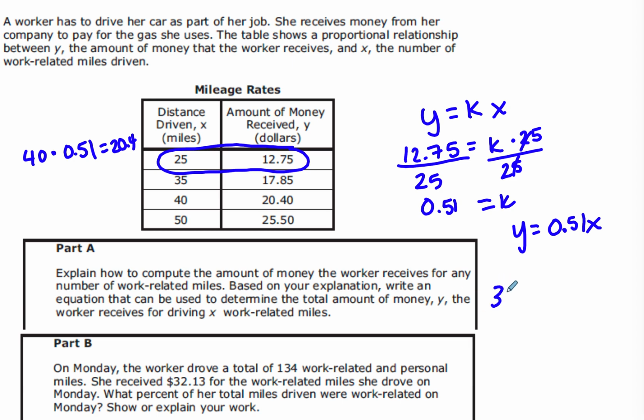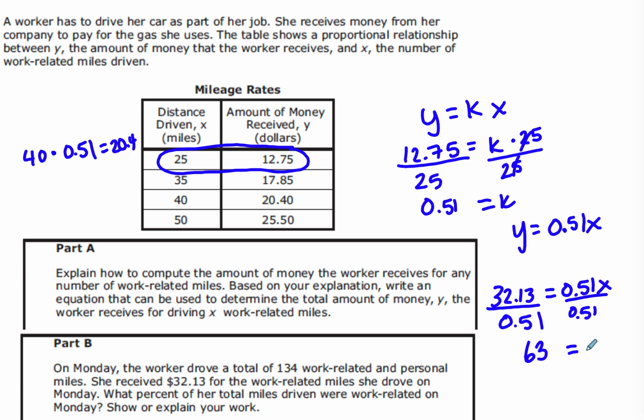I'm going to put it in my equation. 32.13 equals 0.51 times x. We're going to divide both sides. Okay, so let's see how many miles that is. If I do $32.13 and I divide by that 0.51, I get 63.